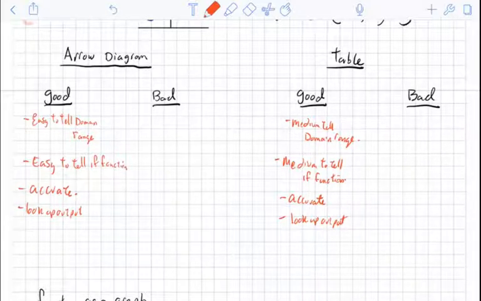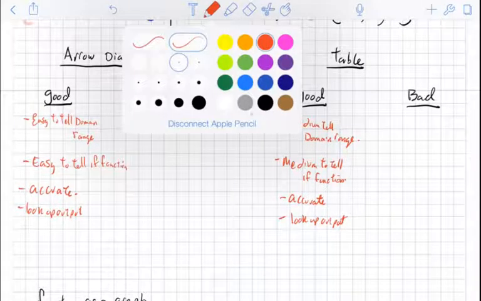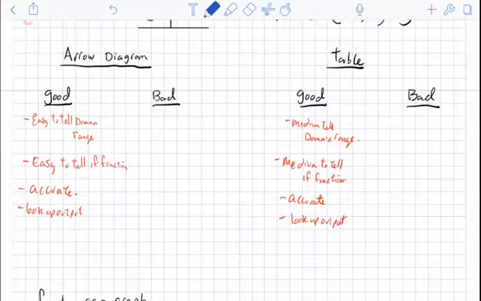Okay, there are weaknesses, though. The problem with an arrow diagram is that it's messy. It can be very confusing. Another problem, they're huge. They're very large. Another issue is that it has limits.